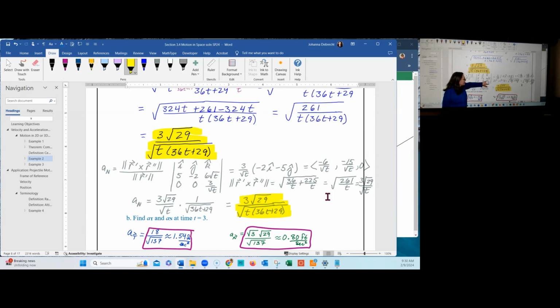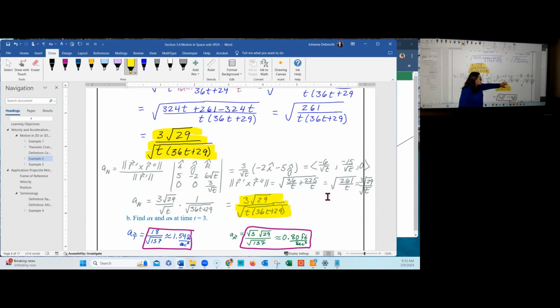That gives me 3 over the square root of t multiplied by the 2x2 determinant, ij, 5, −2, which gives me −2i hat − 5j hat. And when I multiply it out, I get the 3 component vector ⟨−6/√t, −15/√t, 0⟩.